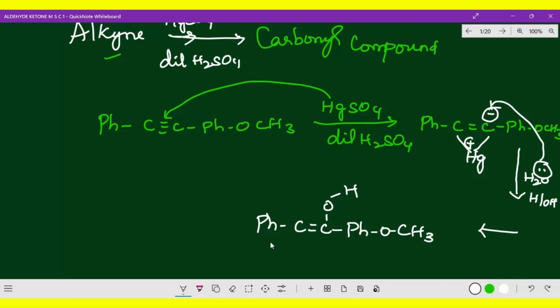Now what is going to happen here? Due to resonance, there is a transfer of electrons. So you will get Ph, CH2, C double bond O, and here Ph-OCH3.